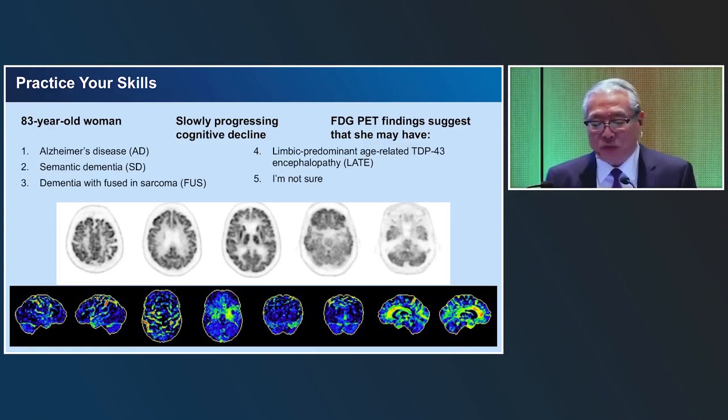And here is a question for you: the FDG transaxial scan and the statistical map. What disease is this? The very interesting aspect is the medial temporal lobe, the anterior temporal lobe, and the inferior frontal lobe. Those three signs are suggestive of LATE.